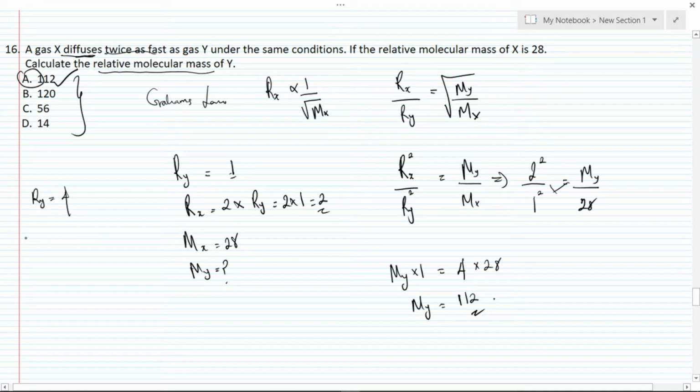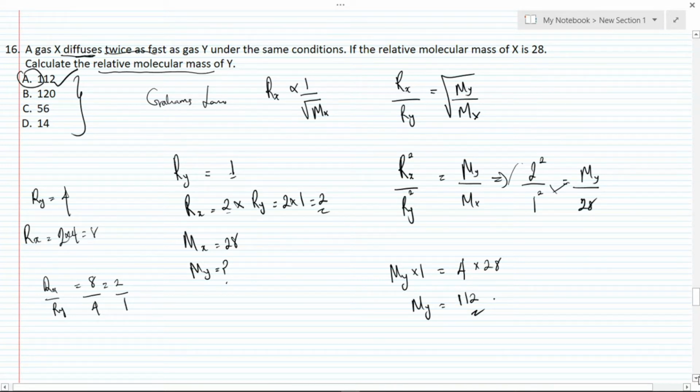Since Rx is twice as fast, it's going to be 2 times 4, and that will be 8. So Rx over Ry would have been 8 divided by 4, which is 2 divided by 1, and that was what we had here. So no matter the value, so long as you stick with the condition given, you should be fine.